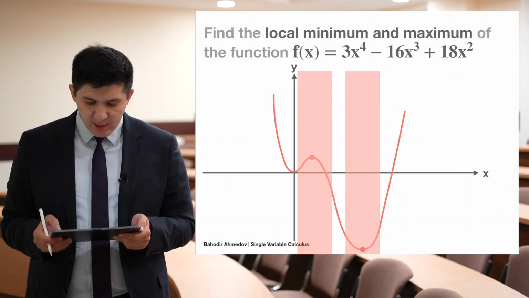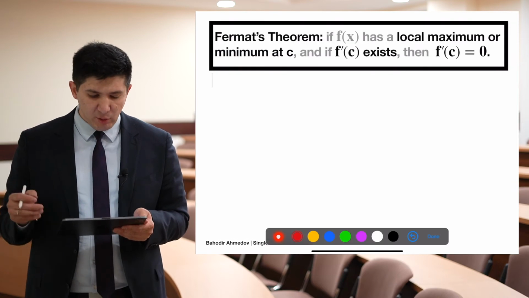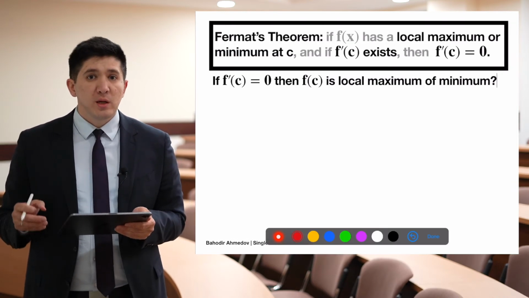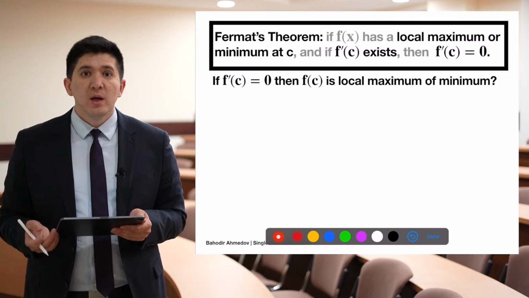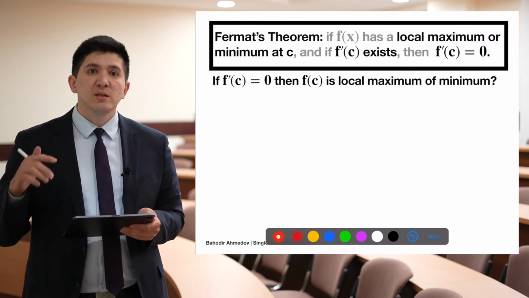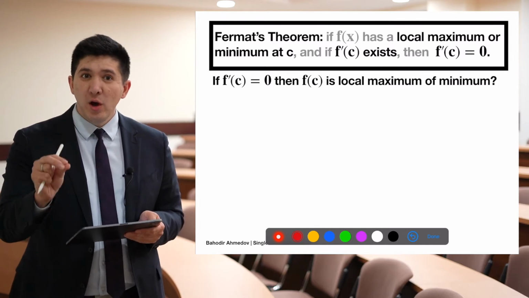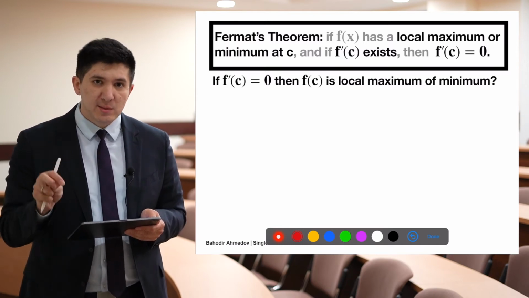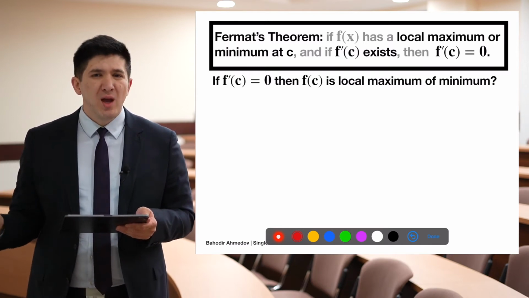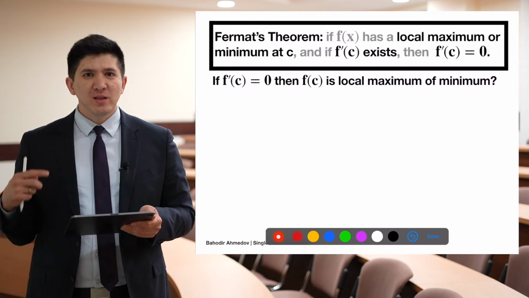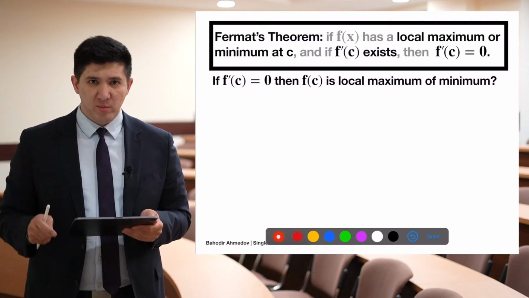So what we would like to do is further analysis in order to understand whether the inverse statement is correct. The Fermat theorem tells us that if you've got a point and you know that this point is a local minimum or local maximum, then the derivative is equal to 0. But actually what we want is to find local maximums and local minimums.